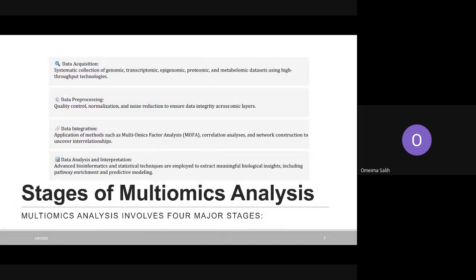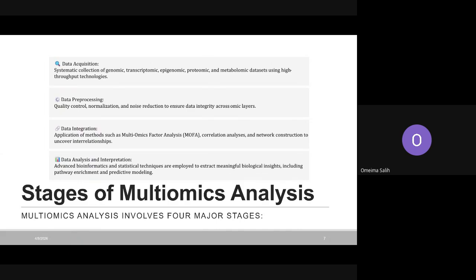So the stages of multi-omics analysis, or how you process from sampling and data collection up to getting the results of the analysis, there are four major stages.